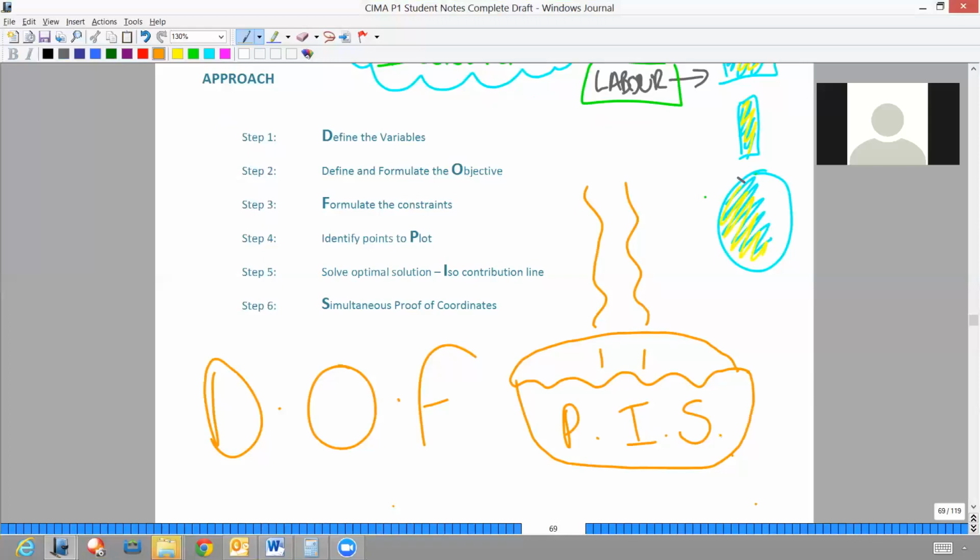When I was sitting my exams several years ago, I obviously had to undertake linear programming, and if I'm honest, I found it a little bit challenging because I used to get confused on which part of the process I was undertaking. And I thought, this is ridiculous, I just need to get my head around it. And so I listed out all of the steps involved, and I was always trying to find different acronyms for processes in my exams.